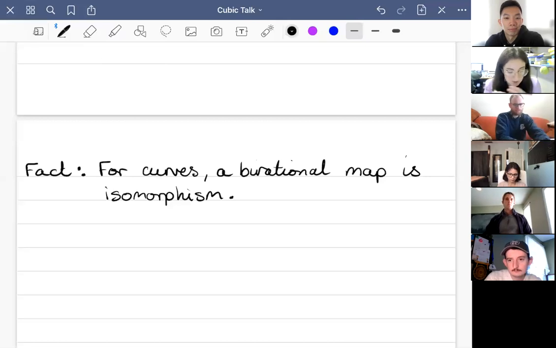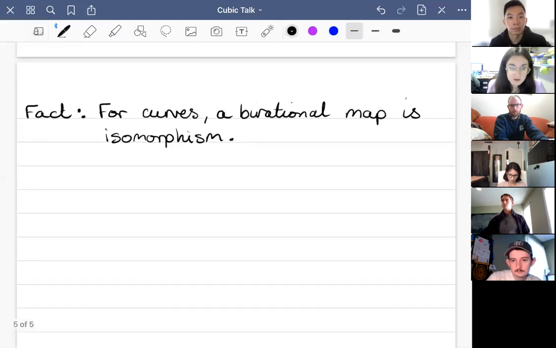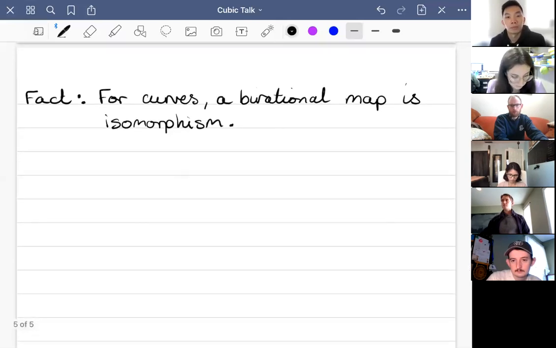And the fact is, because of the dimensions, we can always extend a map across points. I think this is some extension result in complex analysis. So for curves, birational morphisms are pretty easy. They're just isomorphisms.